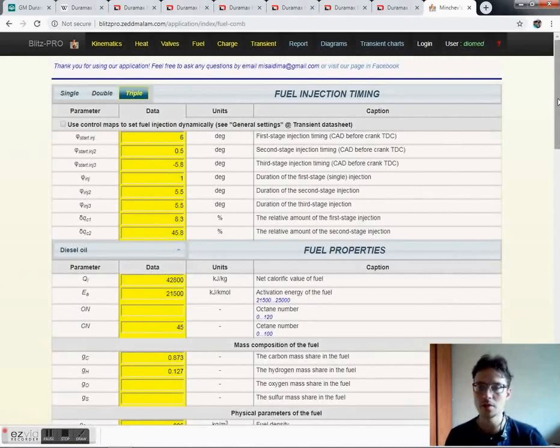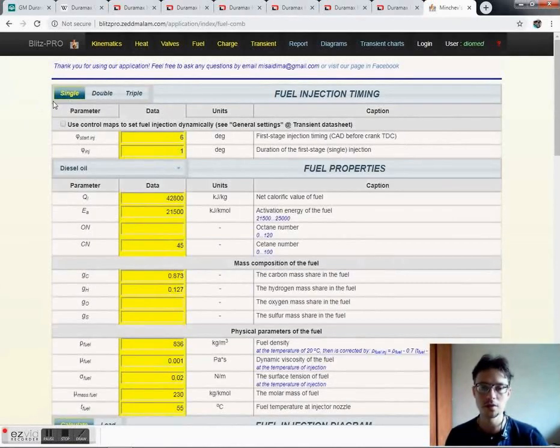Blitz-PRO also enables the calculation for single, double, and triple injection per cycle. Let's make our first calculation for single injection, and then we will try to understand why we use double and triple injection.